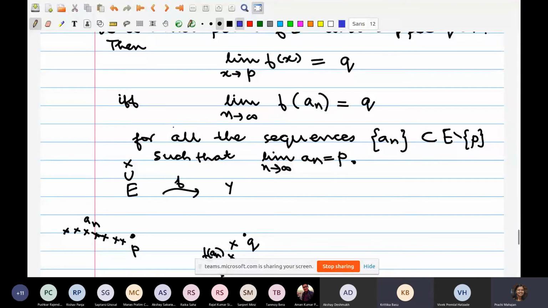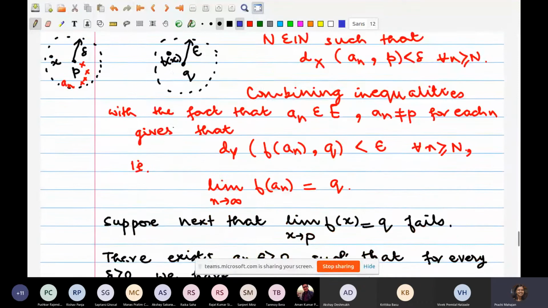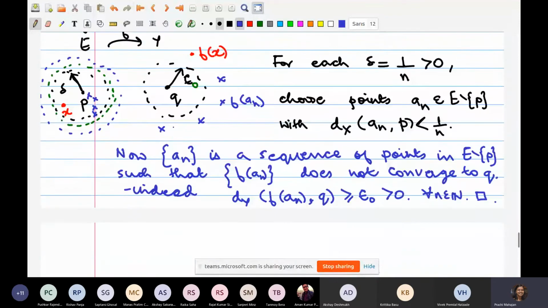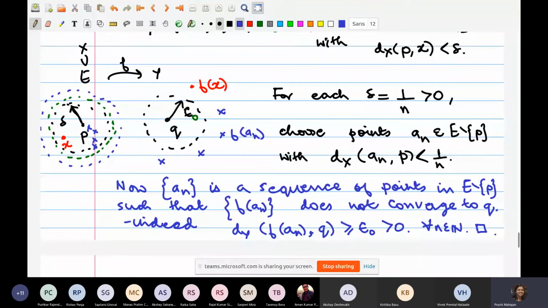So the contradiction is that here is a sequence, so maybe I should write it as something else. Let me call these points an prime. Maybe that will help.